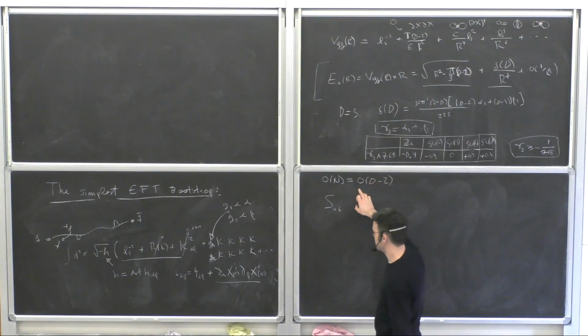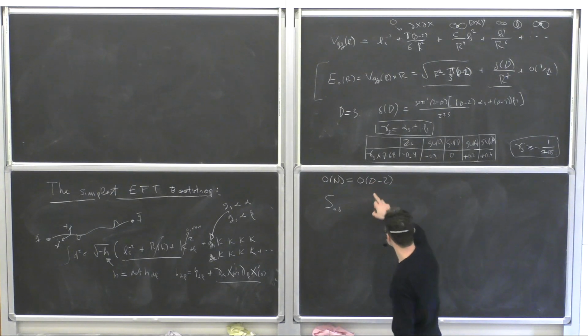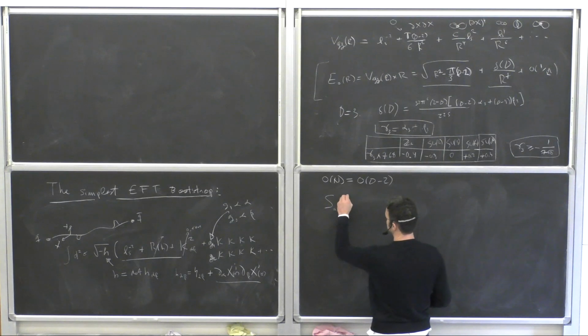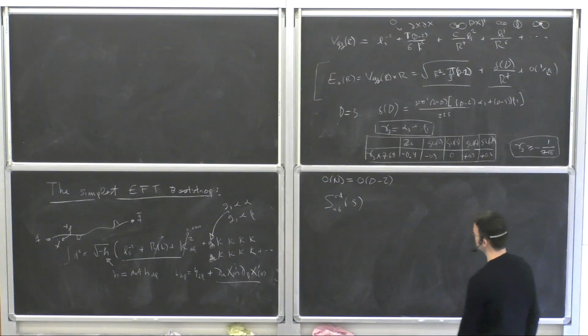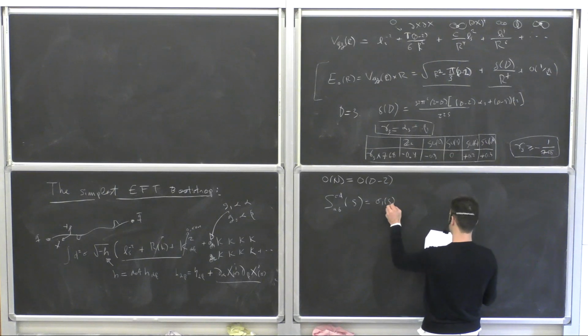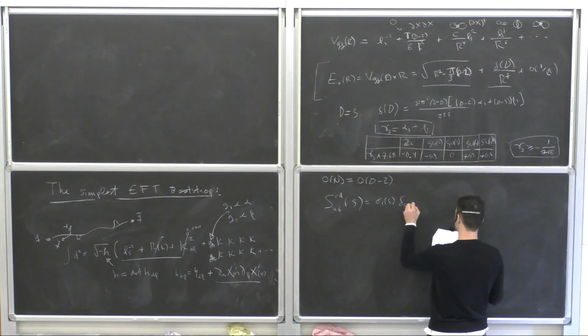I think I said before, but let me remind you. We're now discussing the scattering of two vectors, okay? And this scattering can proceed in a number of channels, which let me write you very explicitly.